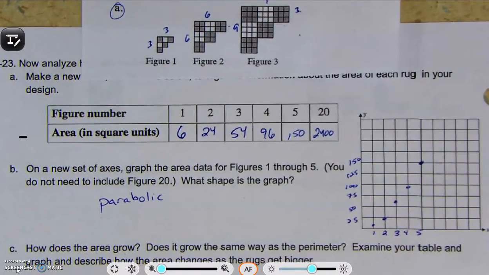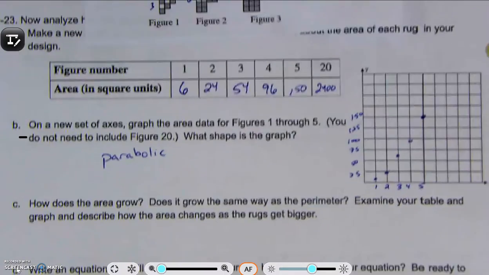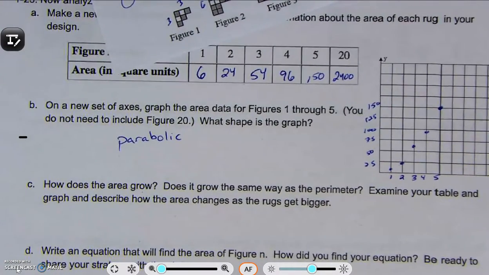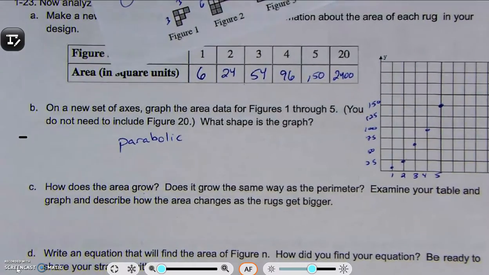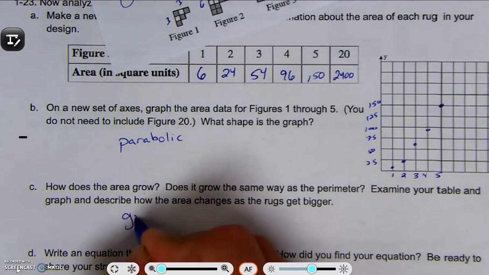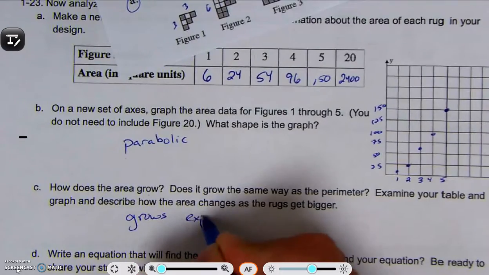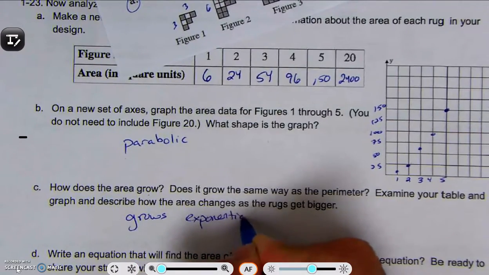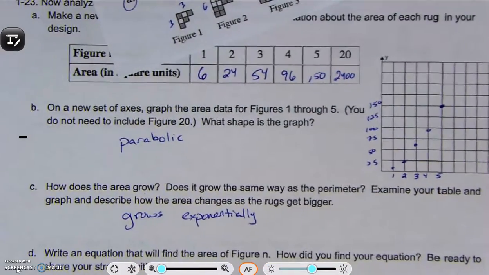So if we look at C, how does the area grow? It doesn't grow at the same constant rate as a linear function. It's actually going to grow exponentially, because it forms a parabola. So we can go ahead and fill that in.